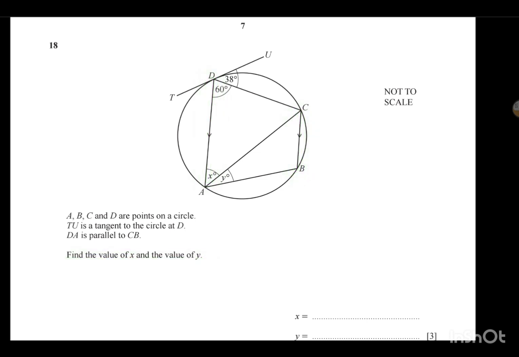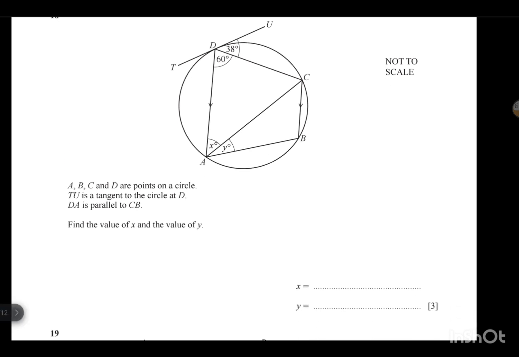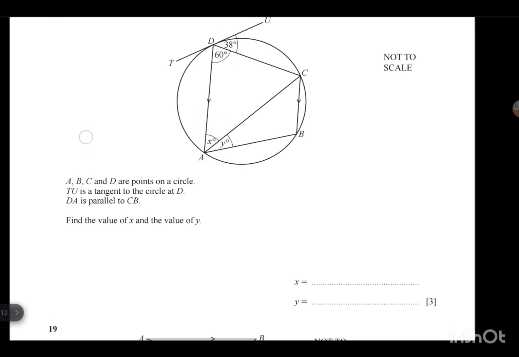So when you look at the diagram here, first the X value, how will you get? This angle and this angle will be equal because angles in alternate segments are equal. So angle UDC is equal to angle DAC.